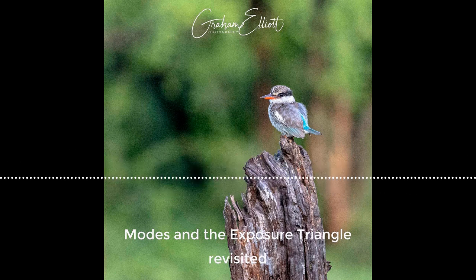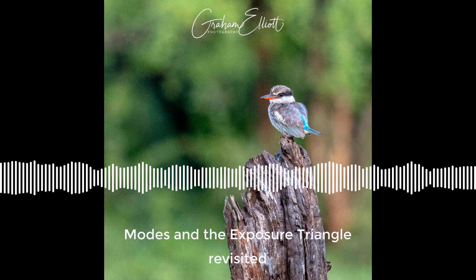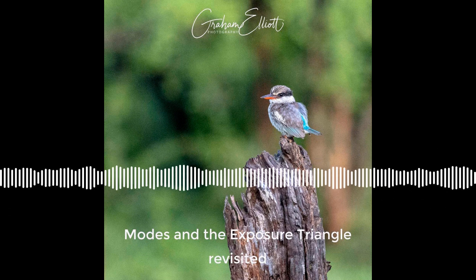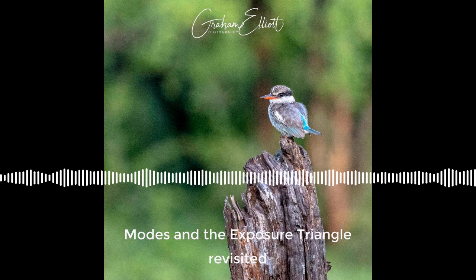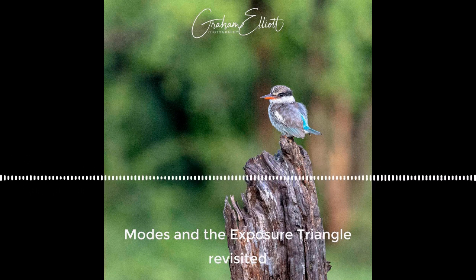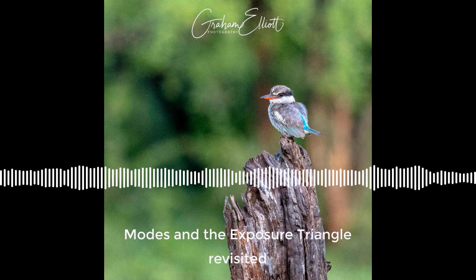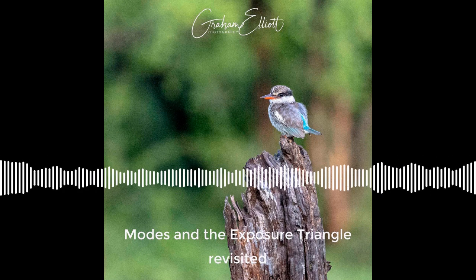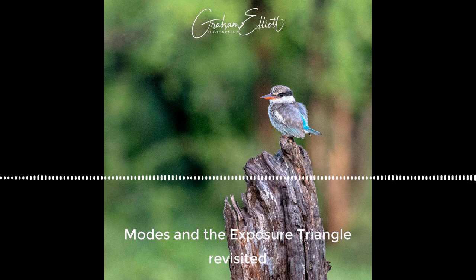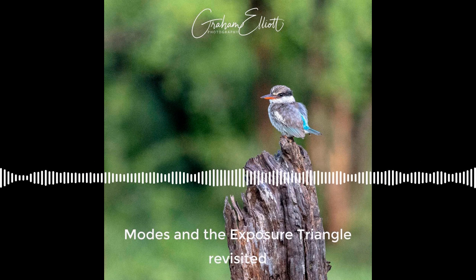And that focus area is determined by two things: your aperture and then the distance that your subject is from you, or to be more precise, from the camera, the sensor in the camera or the film plane. Depending on what camera you've got, you might even see a mark on the top of your camera, just a line.